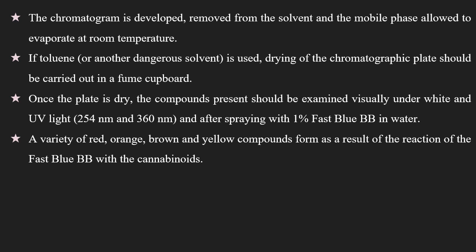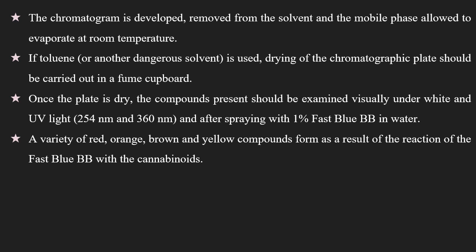The chromatogram is developed, removed from the solvent, and the mobile phase allowed to evaporate at room temperature. If toluene is used, drying of the chromatographic plate should be carried out in a fume compartment. Once the plate is dry, the compounds present should be examined visually under white and UV light, and after spraying with 1% Fast Blue BB in water.